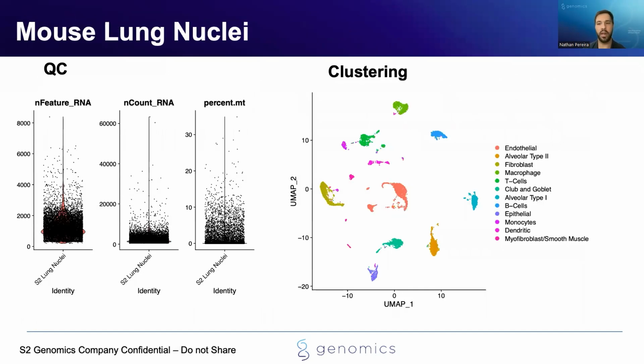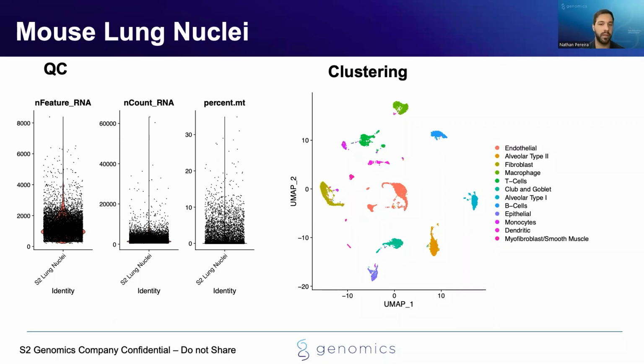So here's some data generated from the Singulator. Here's some mouse lung nuclei. You can see, again, through the QC data, plenty high feature RNA and pretty low mitochondrial contamination from these samples. And what you see in the clustering data is a pretty wide variety of cell types.